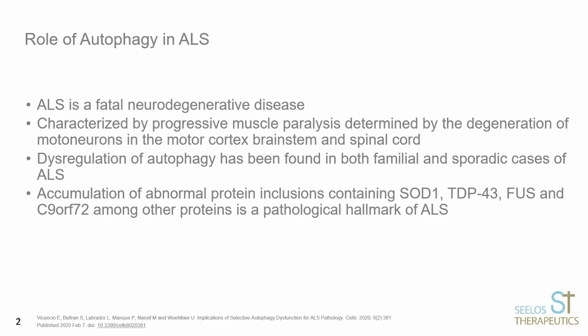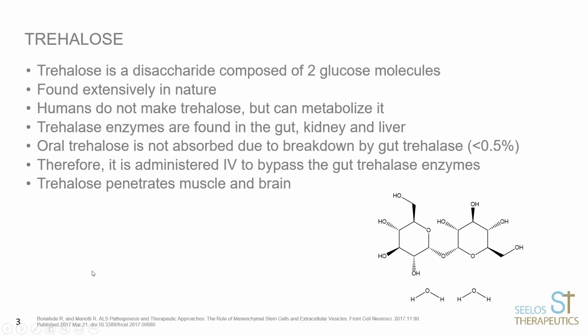The underlying question is whether the dysregulation of autophagy that has been implicated in the broad spectrum of ALS patients is a definitive cause and effect in the pathology of the disease or not. Some of the earlier findings are very encouraging.